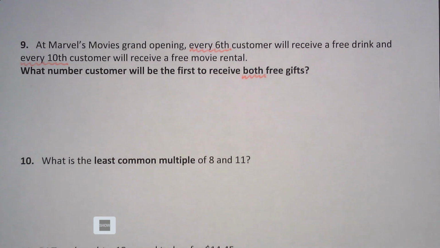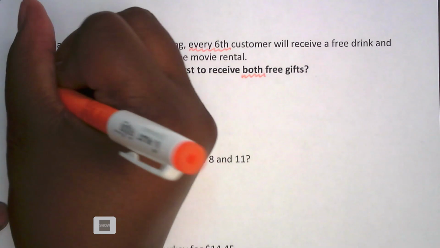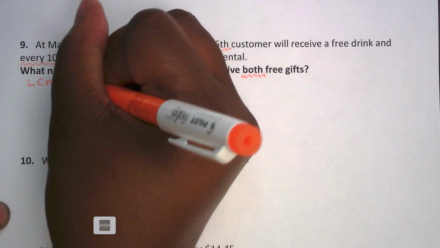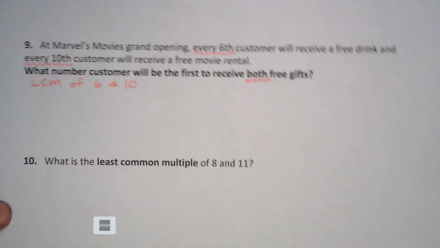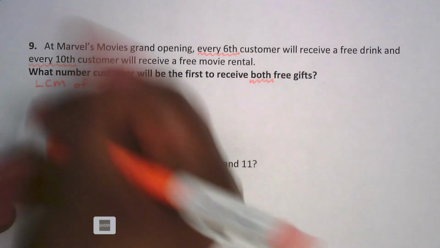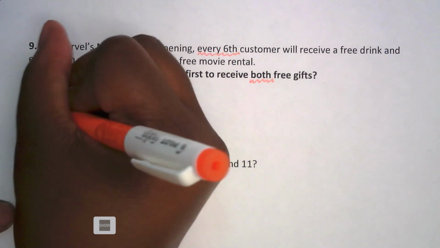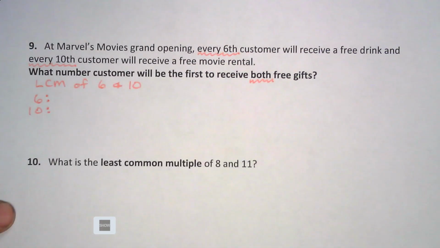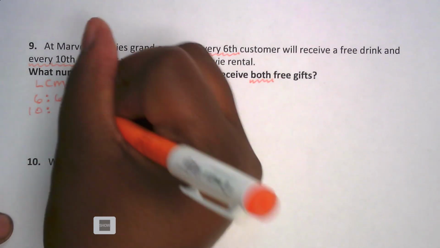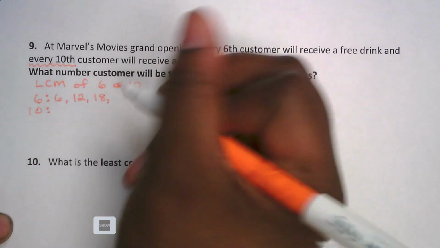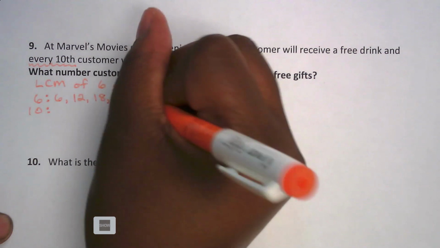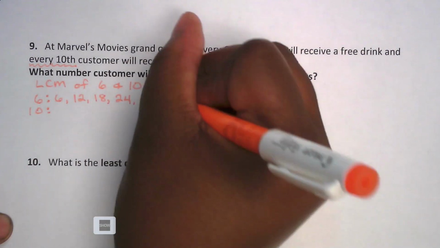All right, so I am finding the least common multiple of 6 and 10. So I'm going to use the listing method and list out my multiples. 6 times 1 is 6, times 2, 12, times 3, 18, times 4, 24, times 5, 30.